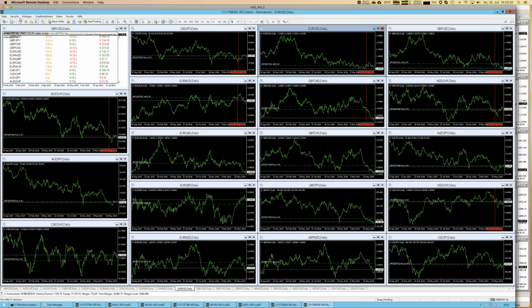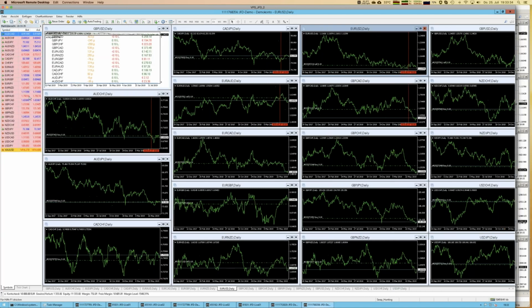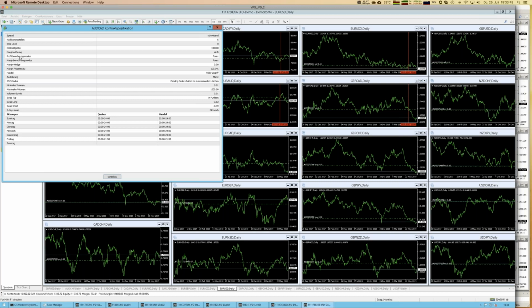But now I come to the question, where can I find the numbers? Normally you might have that market watch here, and you have your instrument on the left-hand side with all the details. But if you go with a right mouse click on a given symbol and then go for specification, you will see that pop-up window, telling you the swap long minus 3.12 and swap short minus 0.039.